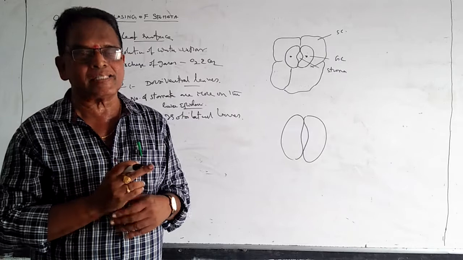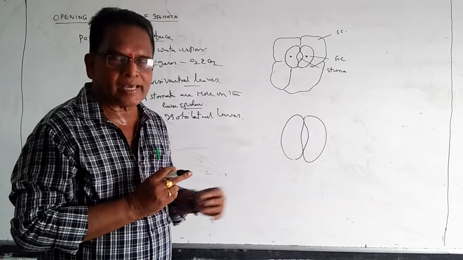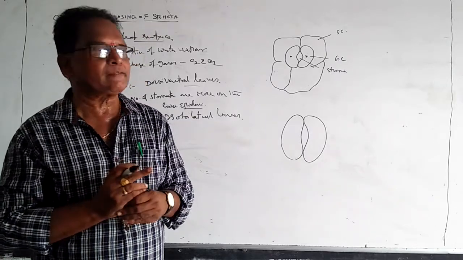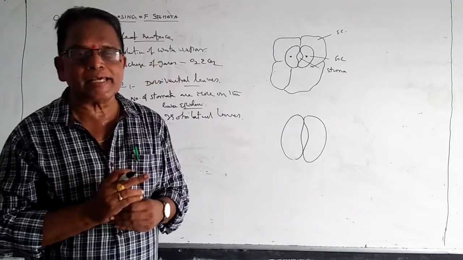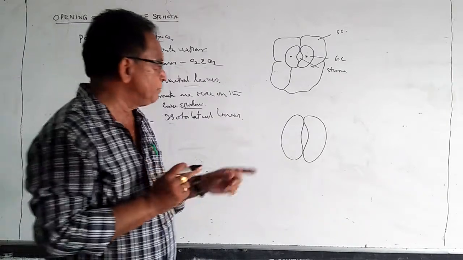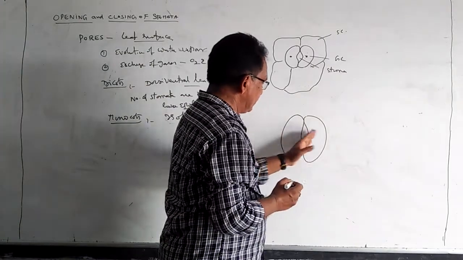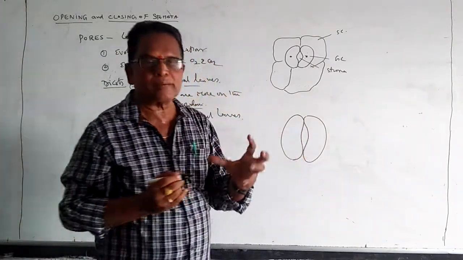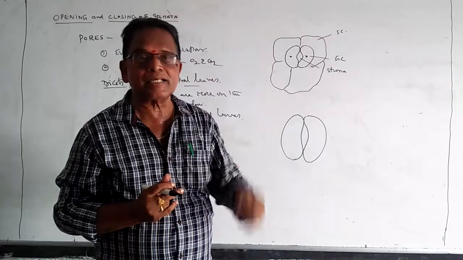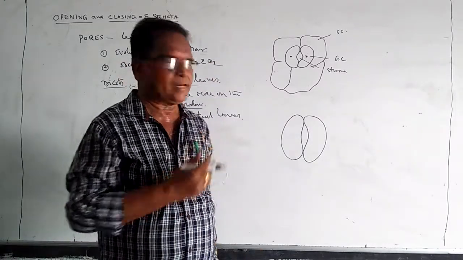That is called turgidity. In dicots or in most of the plants, the stomata open during daytime. So during daytime, these guard cells become turgid with the absorption of water, and in that turgid condition they will open.